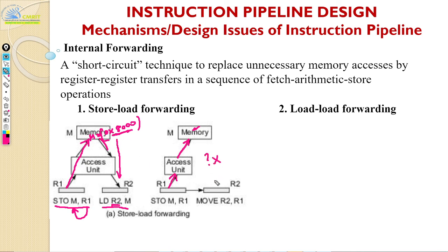That is not required. Instead, you will just copy the content from your register r1. So instead of the load, you will use a move instruction. You just copy the value of r1 into r2.